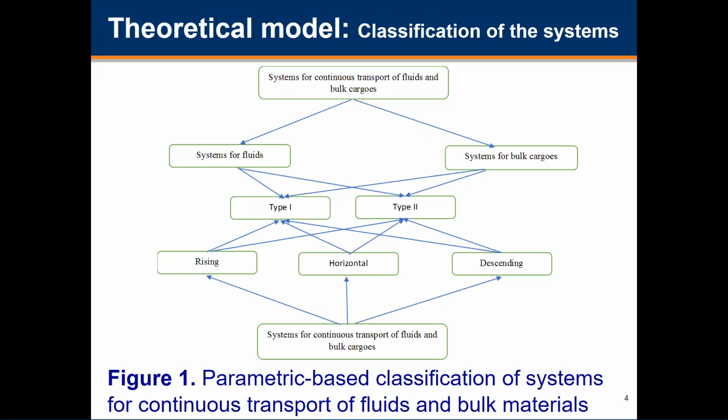Type 1 systems are those where the load transport parameters, like speed and pressure, are not considered. The type 2 systems are required for a certain load, speed, or pressure. The classification is presented on Figure 1.